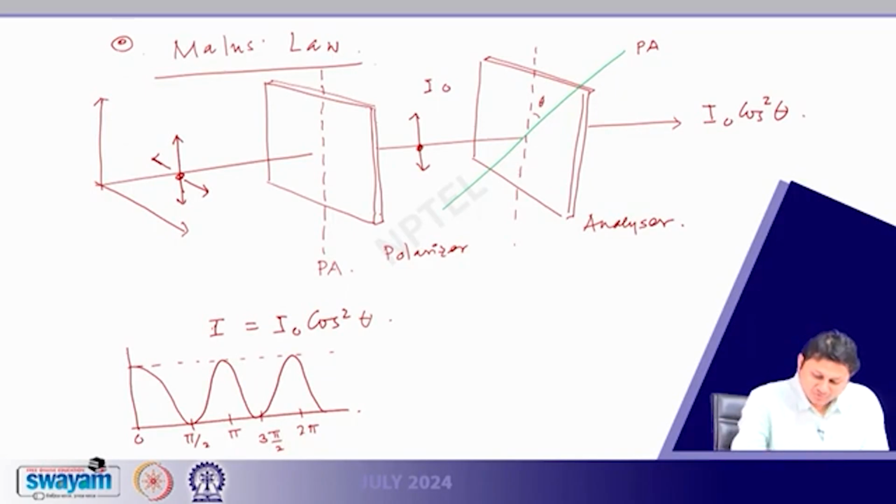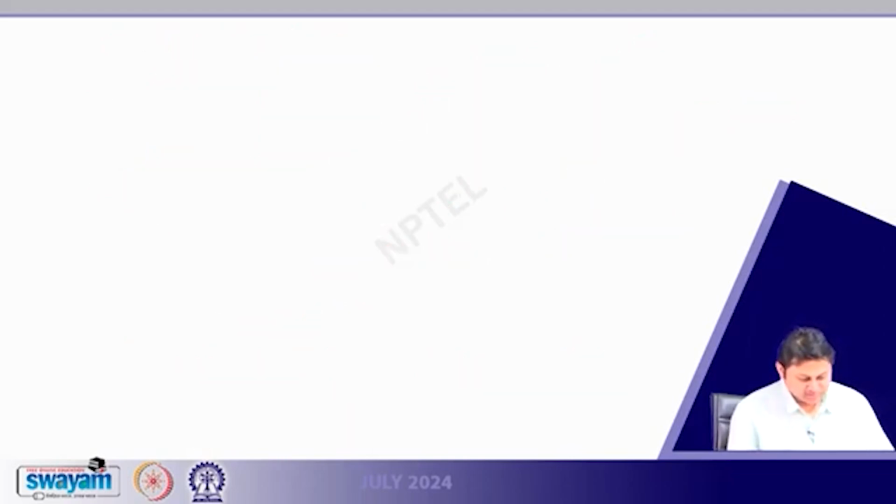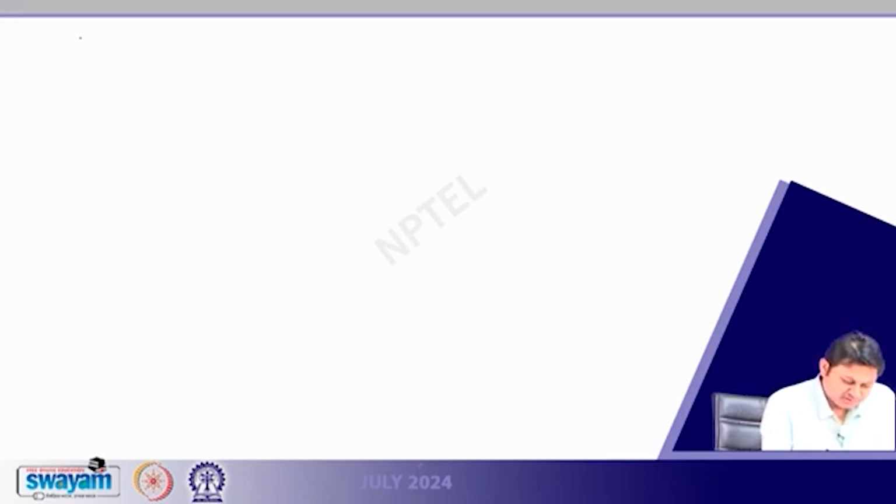That means if I start rotating this entire thing, this is the way the intensity will vary, and intensity is essentially a function of theta. So, I of theta is equal to I naught cos square theta, and that is my Malus law. Next we will discuss how to polarize light by reflection. That is also an interesting thing.